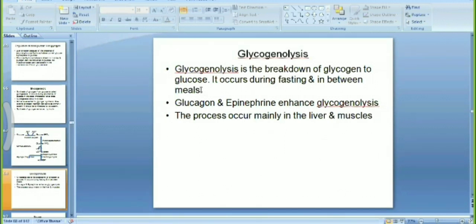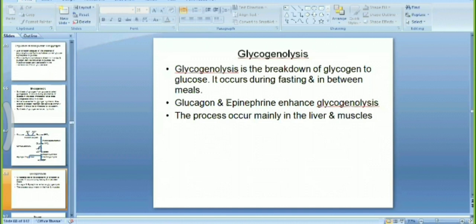Remember one thing: glycogenolysis is not a reversal of glycogenesis, but another reaction responsible for conversion of glycogen to glucose. Is it clear?